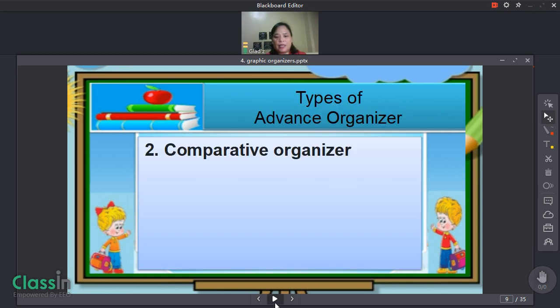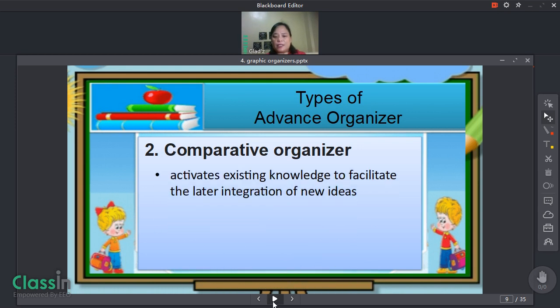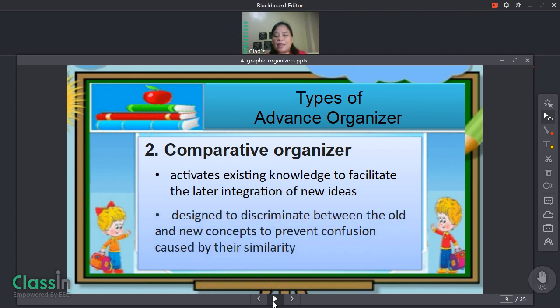And then next we have the comparative organizer. A comparative organizer activates existing knowledge to facilitate the later integration of new ideas. It is designed to discriminate between the old and new concept to prevent confusion caused by their similarity.